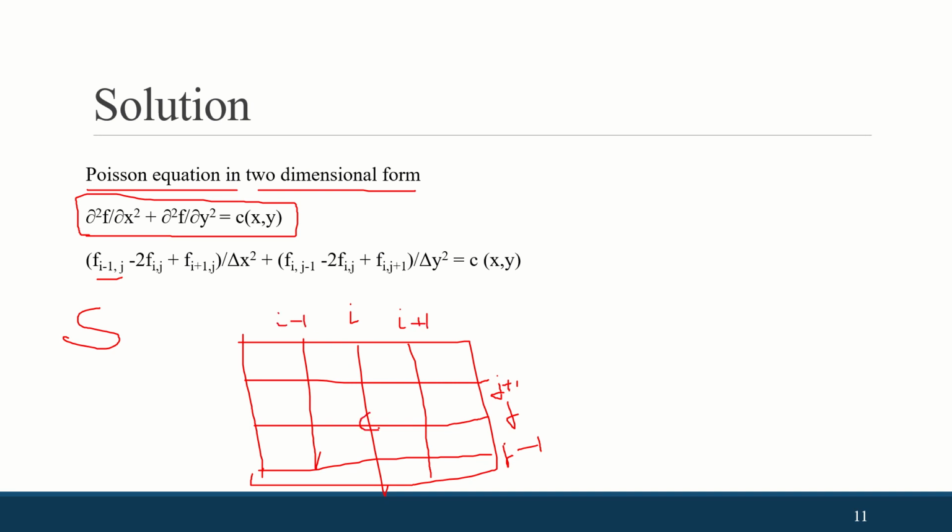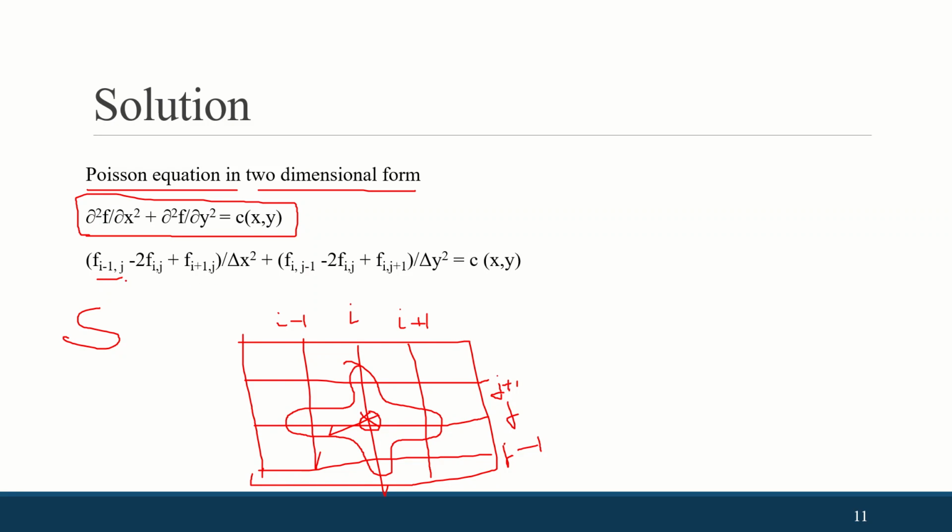So this one is this point, (i, j minus 1), and we will be using these many points for the central difference scheme of the second order equations. So f(i-1, j) and f(i, j), for evaluation of this point we are using these 4 other points.